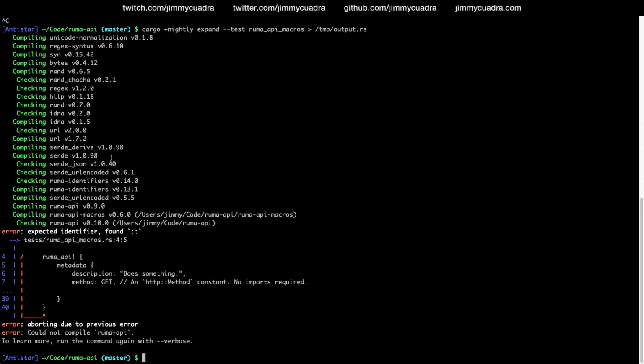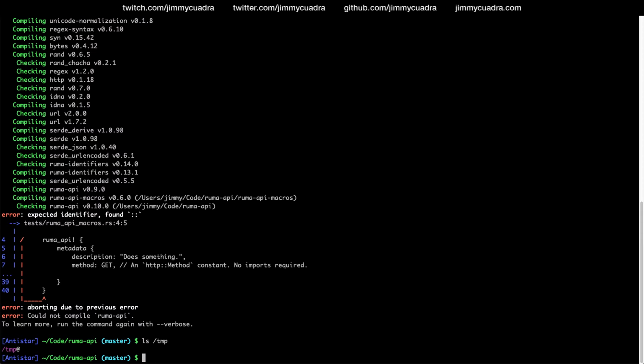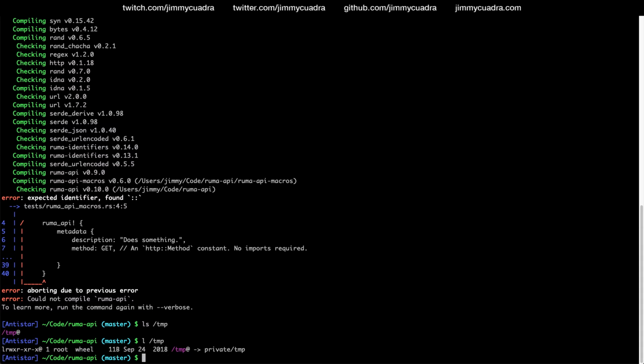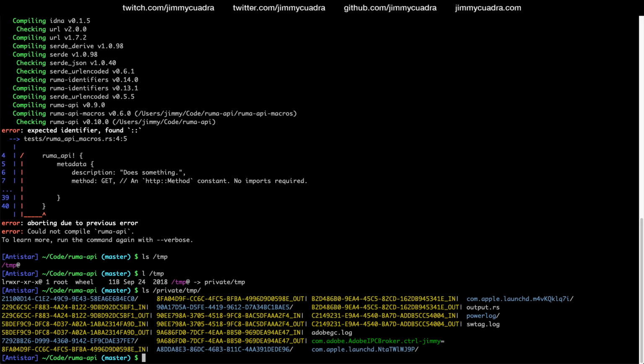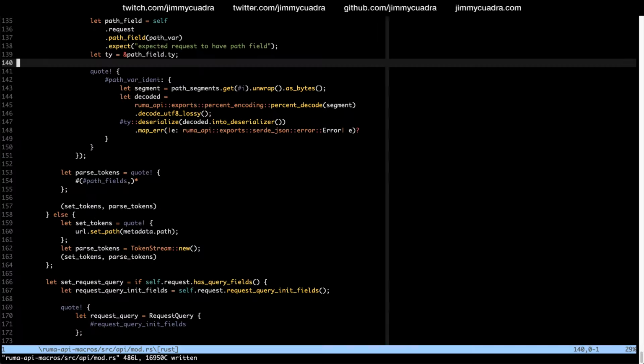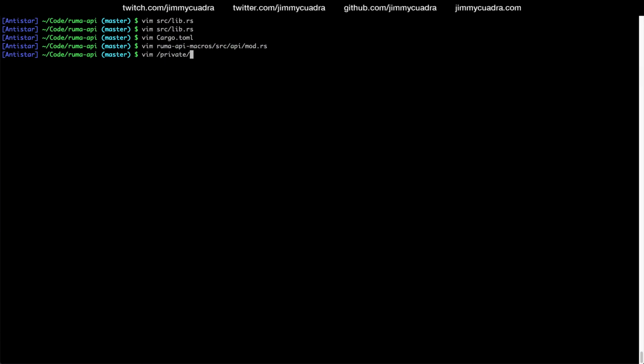Okay, wow, it didn't like that at all. It didn't even compile. Did it output to temp? What is private temp output.rs? Okay, let's take a look at private temp output.rs.